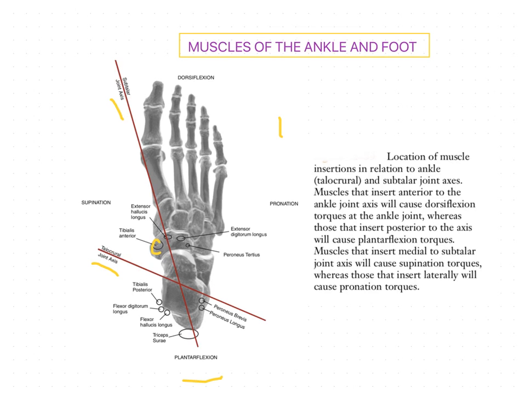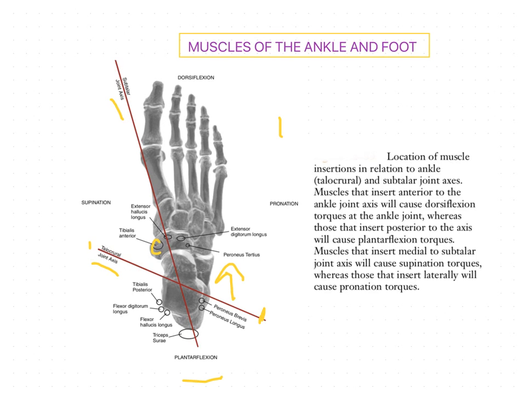Muscles that insert anterior to the ankle joint axis, that is the talocrural joint axis, help in dorsiflexion. So the muscles above this axis, in front of this axis, are helpful in dorsiflexion.